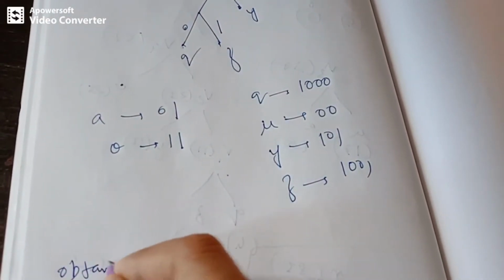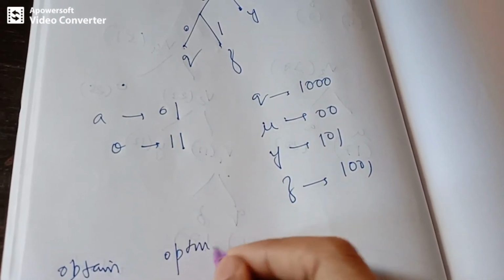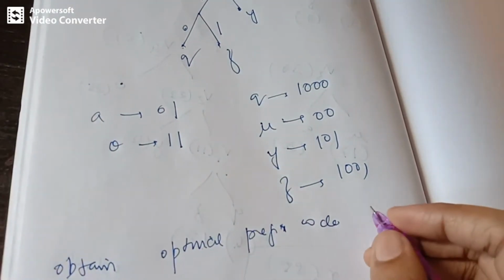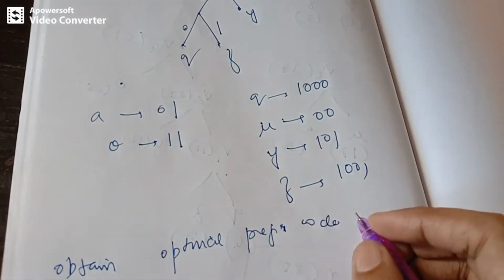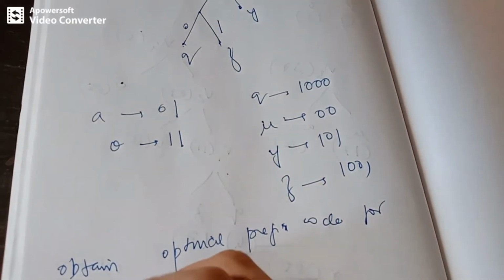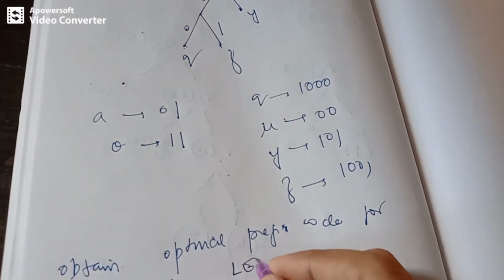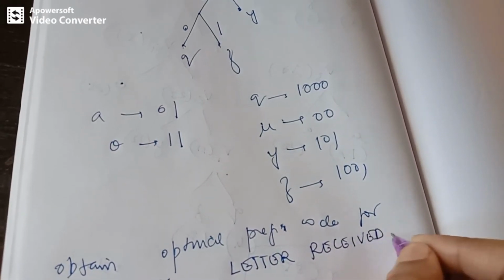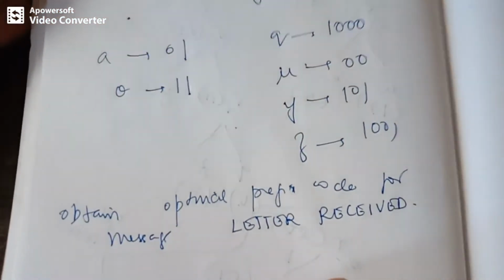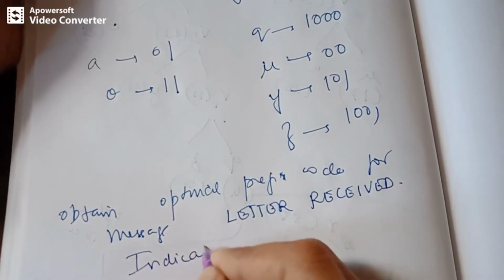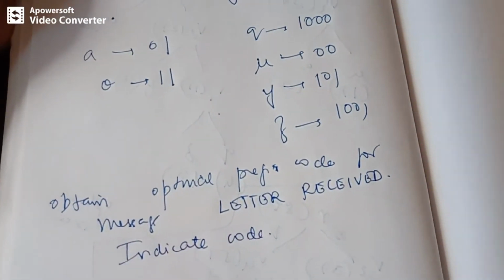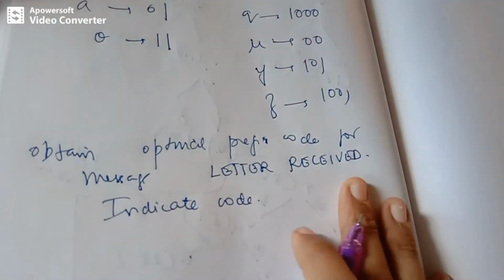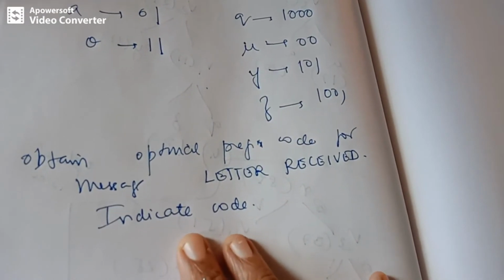Obtain an optimal prefix code for the message letter received. Indicate the code. So this is the question. You are going to find out the optimal prefix code for the message letter received and indicate the code for it.